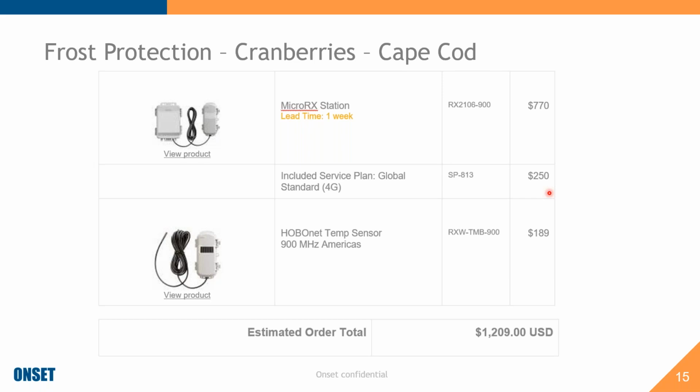If you can wait 15 minutes for updates, you could lower that. But even at that $1,200 price point, knowing that the cost to run one of these pumps is about $224, really you're looking at paying this system off after avoiding 5 nights of running a pump needlessly.